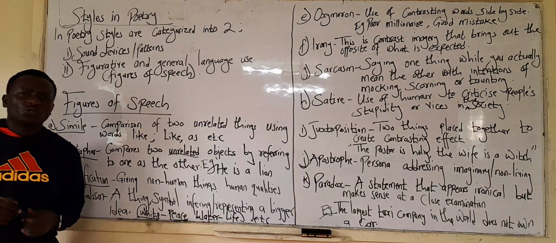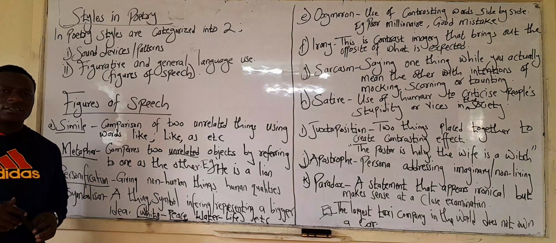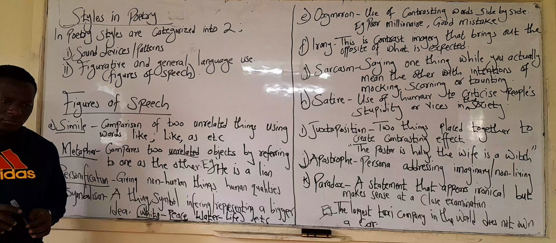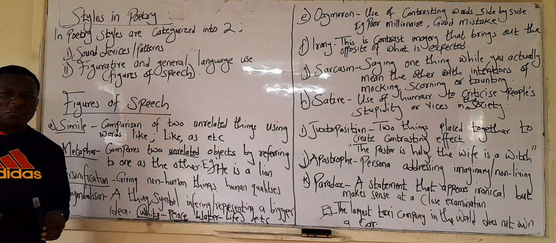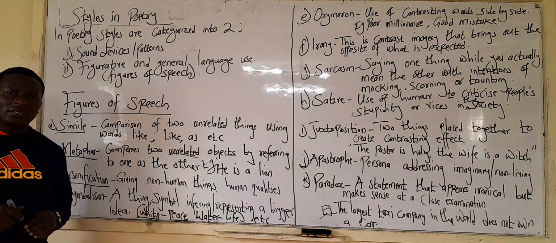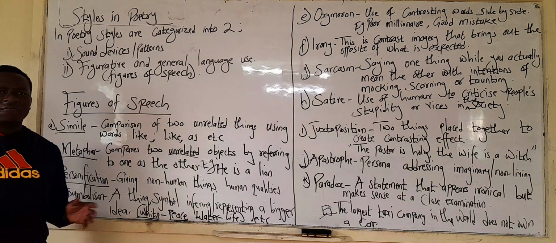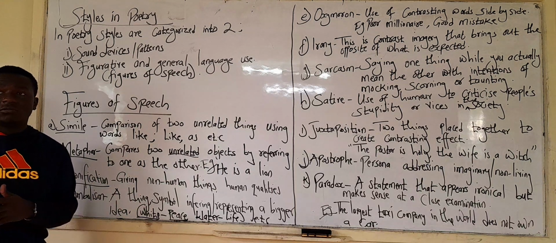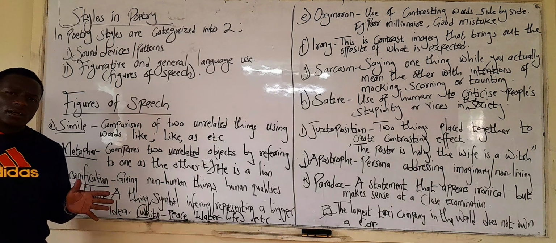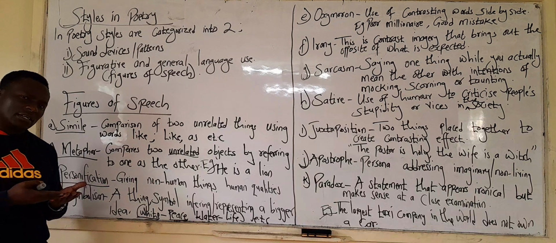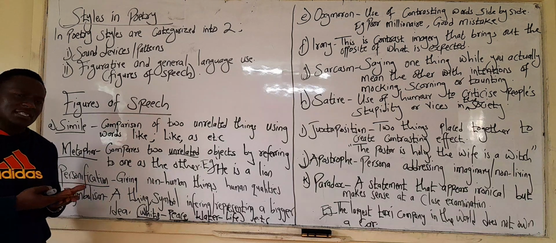Let's try this symbolism case. Assuming in a poem someone is saying, the road led me to two divergent paths. Now, the word road can be symbolic, or there could be a case of symbolism.